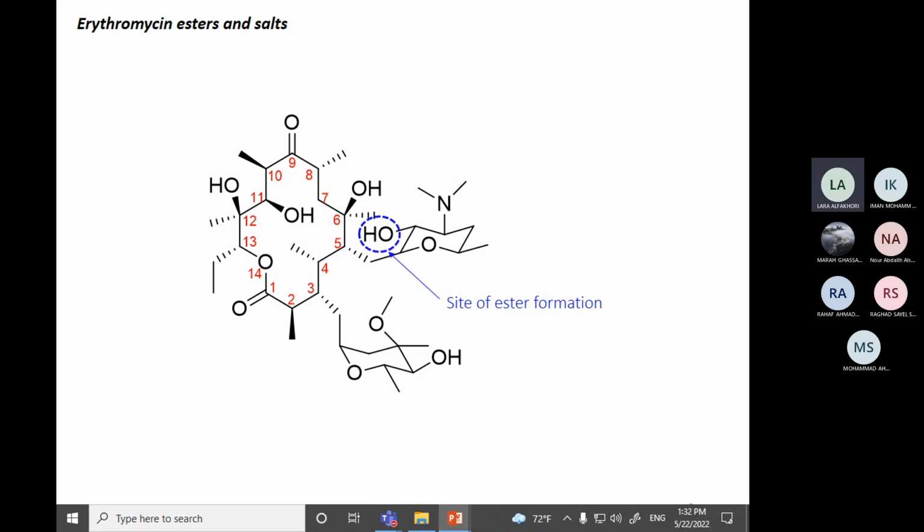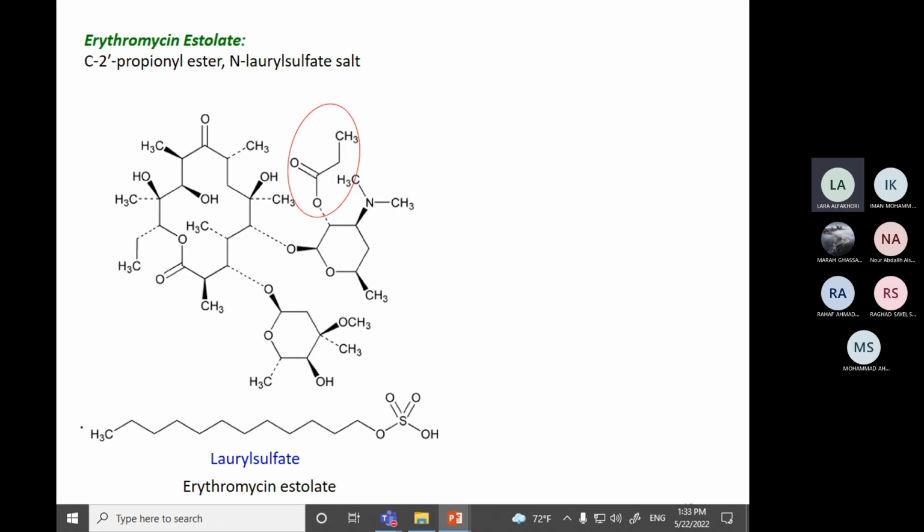Erythromycin, which has this structure, has a site for salt formation, and also this hydroxyl can be converted into the corresponding ester. Depending on the group that is attached to the ester group, it either increases the water solubility or decreases it. So we will talk about them one by one.